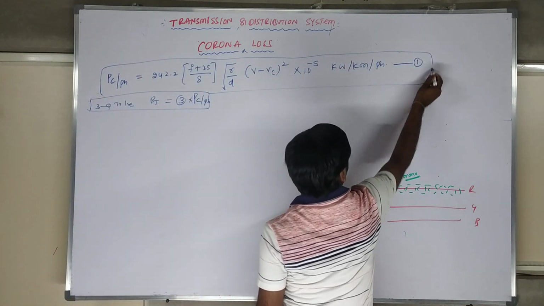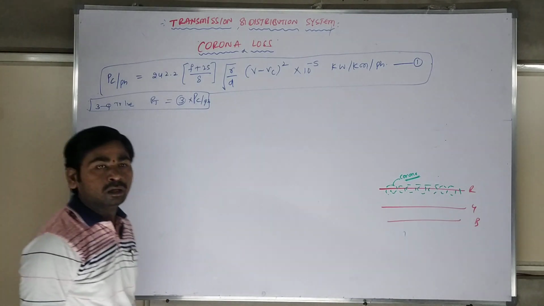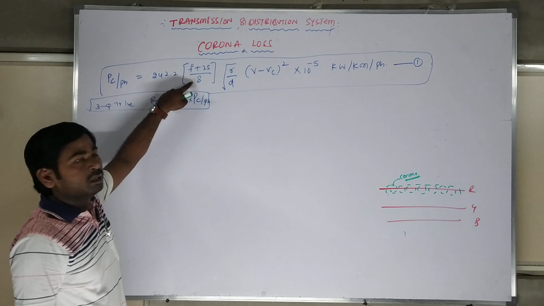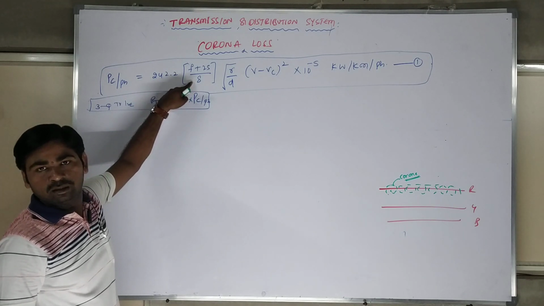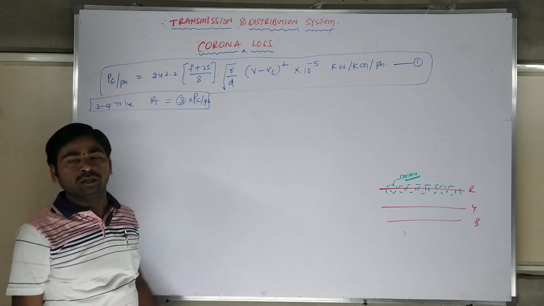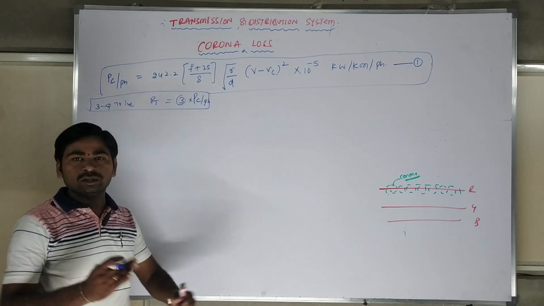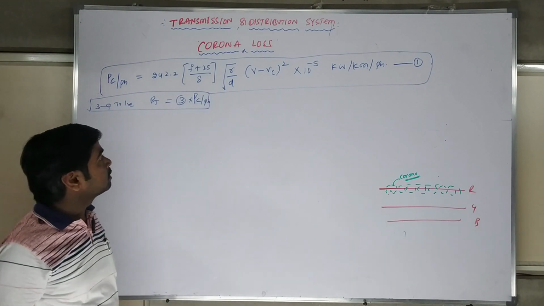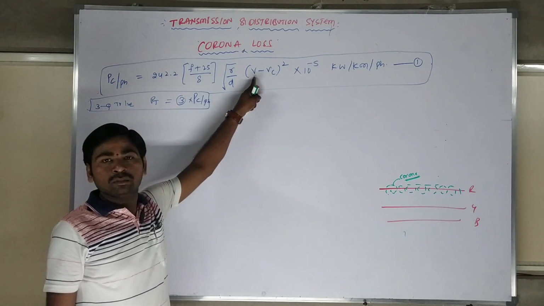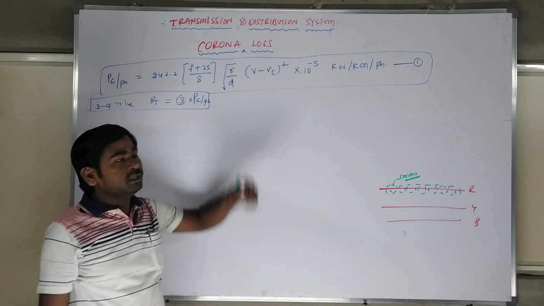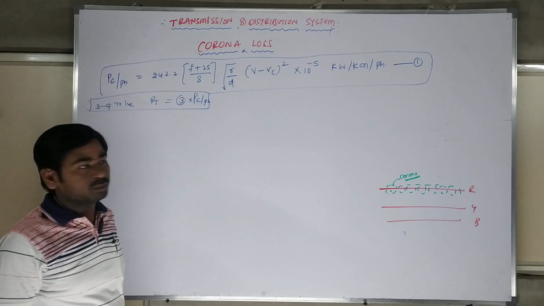In this, as we know, F is the frequency, delta is the air density factor, R is the radius of the conductor, D is the distance between the two lines, V is the phase to neutral voltage of your transmission line, and Vc is the critical disruptive voltage.